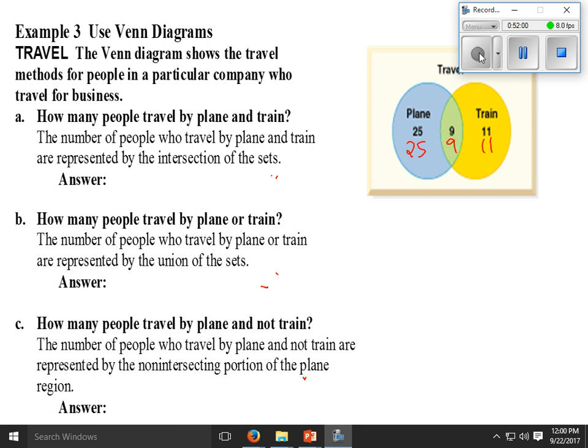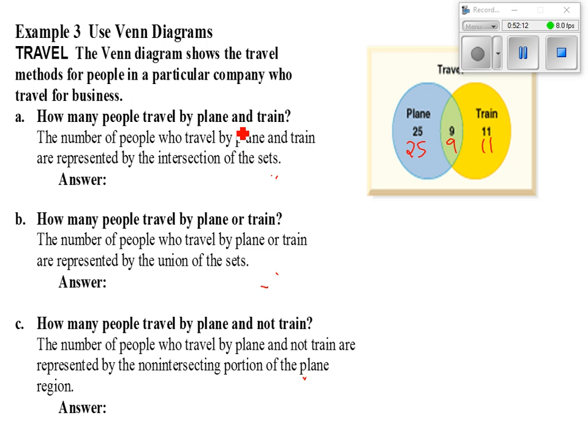All right, on this. Venn diagram shows travel methods for people in a particular company who travel for business. How many people travel by plane and train? Got to be real careful here. Notice that word: and. We want the people who travel by plane and train.